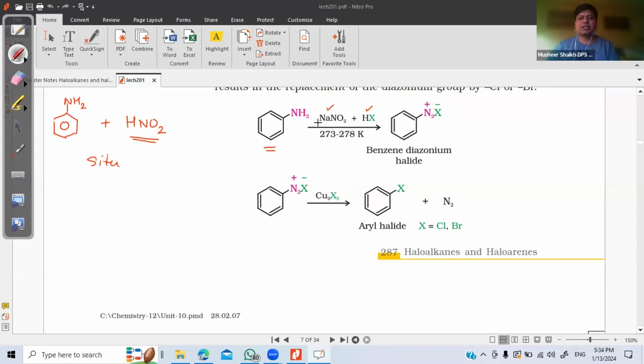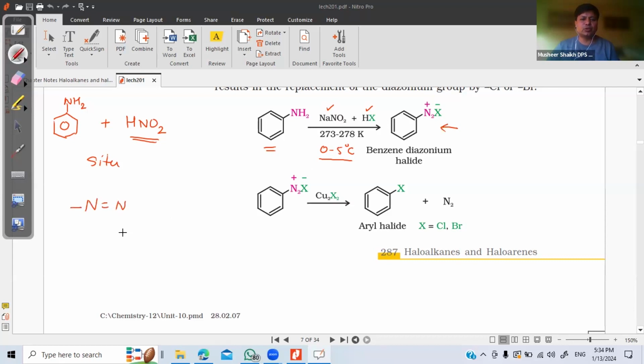How do we prepare it? Sodium nitrite plus HX, that is a hydrogen halide, at 0 to 5 degrees. It is a very, very important temperature condition. 0 to 5 degrees centigrade, or you can convert it to Kelvin, like 278 Kelvin. If this temperature is not maintained, you will not get a good yield of the benzene diazonium salt. Diazo means this is a diazo group, connected here to the benzene.